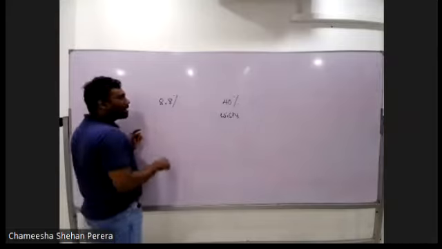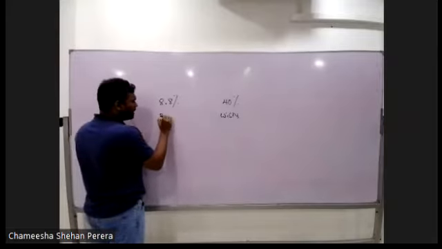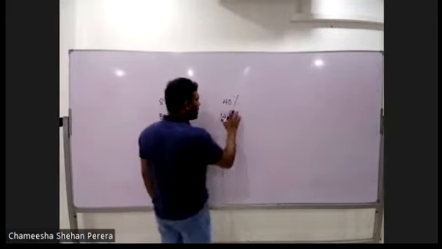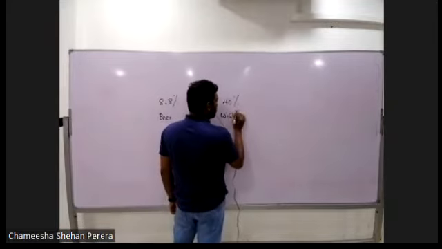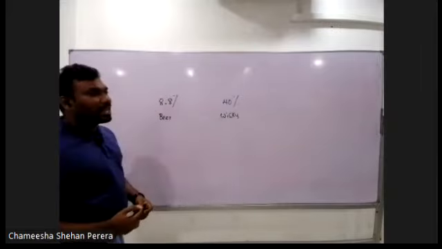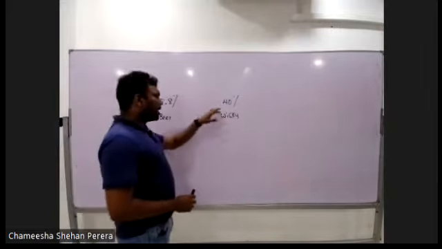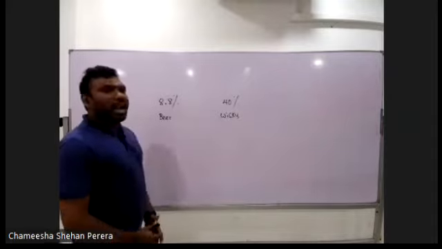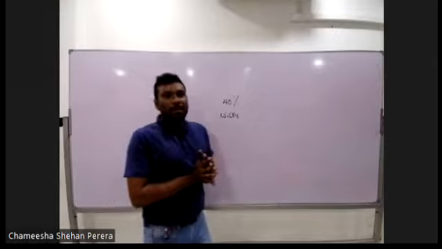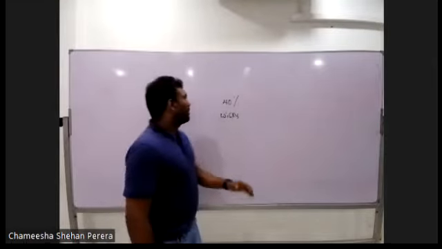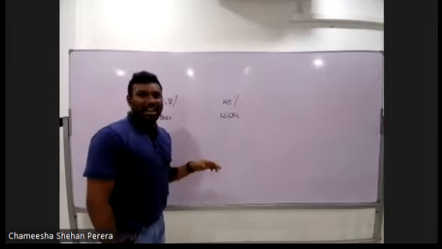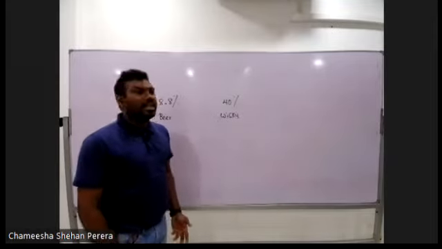The 8.8 percentage is what most of the beers in Sri Lanka come with, while whiskeys and vodka come at 40%. Most people know it like this: 40% is strong, 8.8 is not.